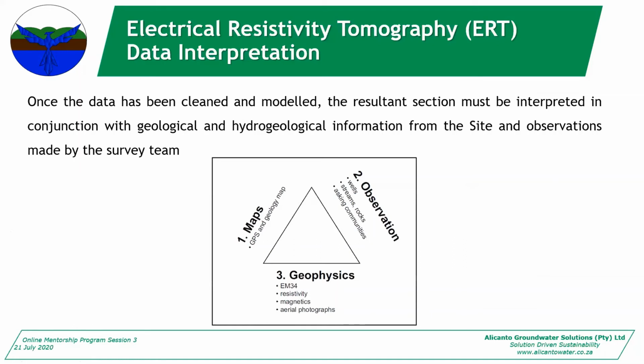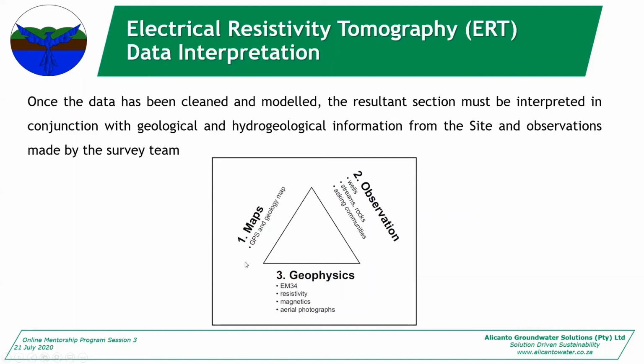I'll show you guys just now some examples of geophysical data. Once your data has been cleaned and modeled, the resultant section can be interpreted in conjunction with your geological and hydrogeological information for the site and the observations by the survey team. So you form this triangle of interpretation. You've got your maps, your geology maps, and all those kinds of things.